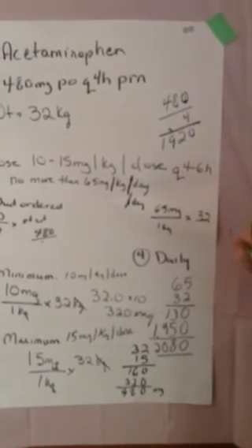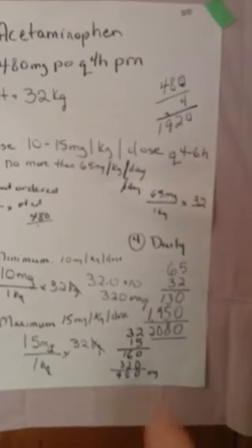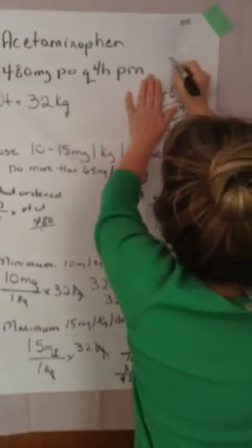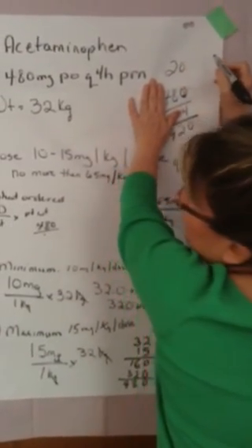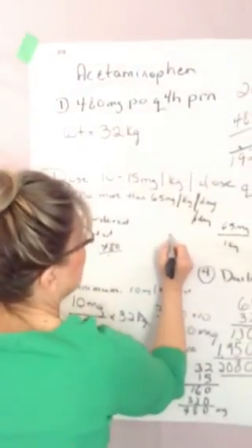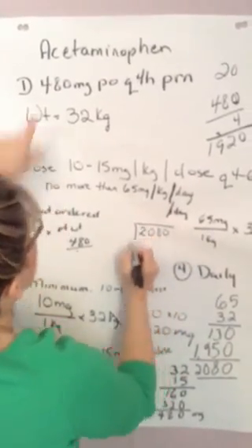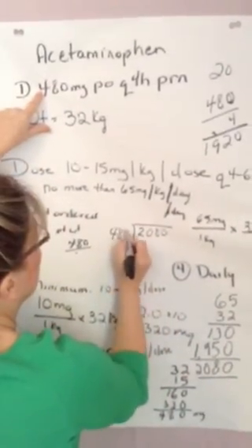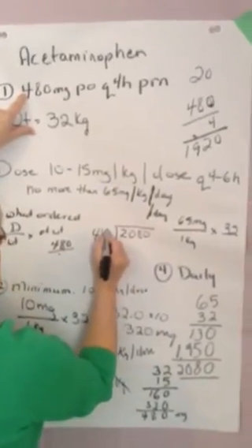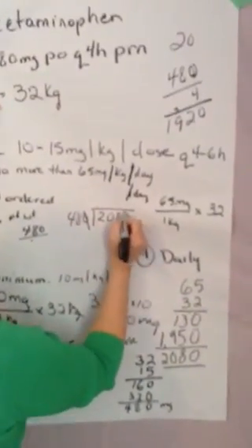So we've checked out. The other way you could do that, you could take your 2080 and divide it by your dose of 480. Now, I'm going to take off a 0 here and a 0 here.